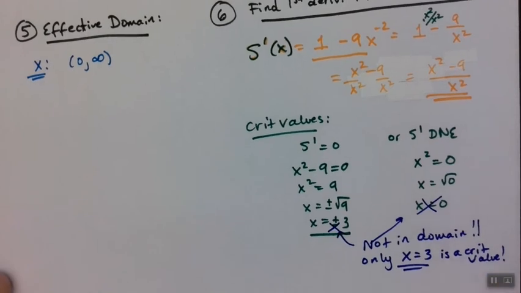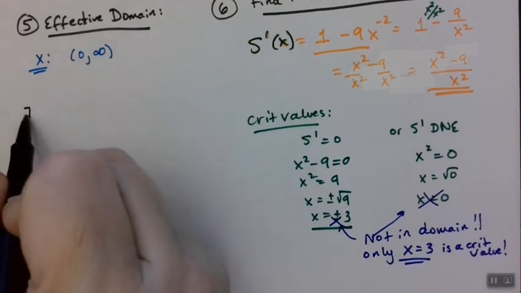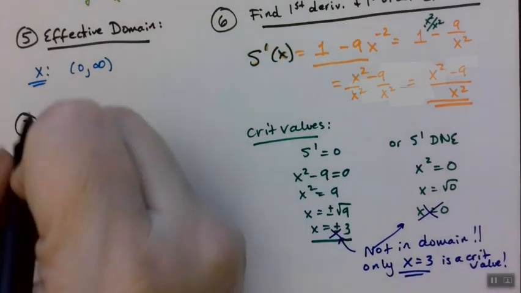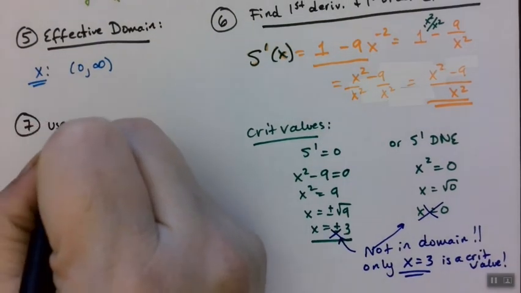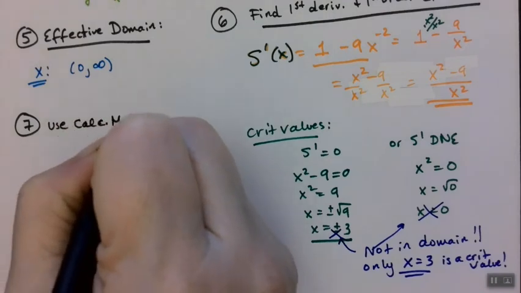Okay, so we're all done except for step 7. Step 7 is we have to use a method of calculus. So in this case, because our effective domain is an open interval and our second derivative is easy to find, we're actually going to use the second derivative test. So I'm going to say use calculus method to prove min-max.